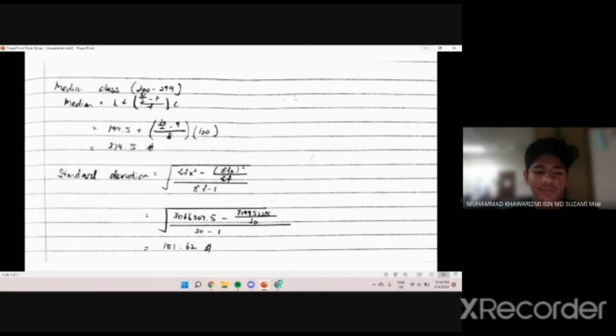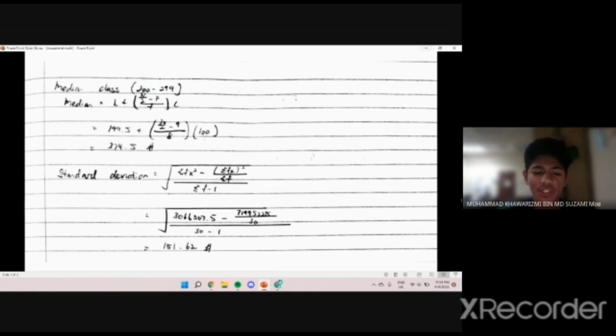So we will get the answer 274.5. For standard deviation, we need to apply the formula square root of sum fx squared minus bracket sum fx close bracket squared over sum f, divided by sum f minus 1.